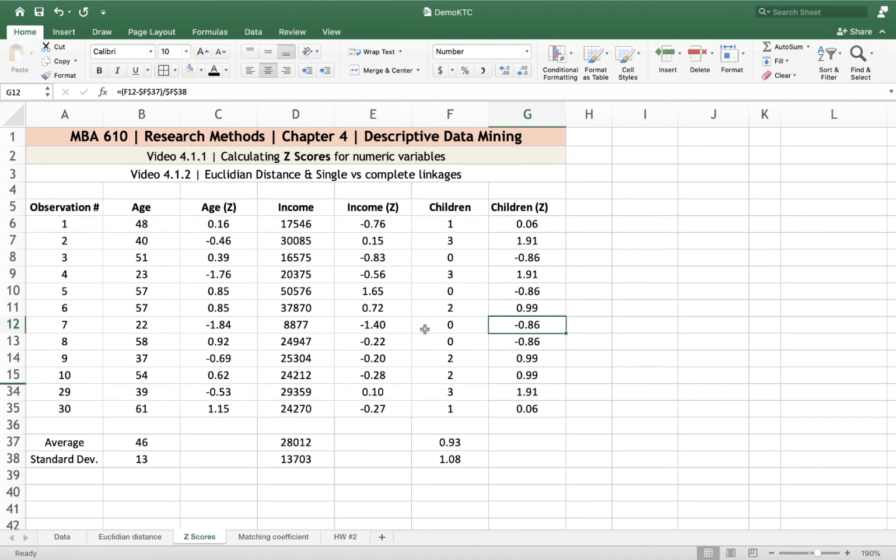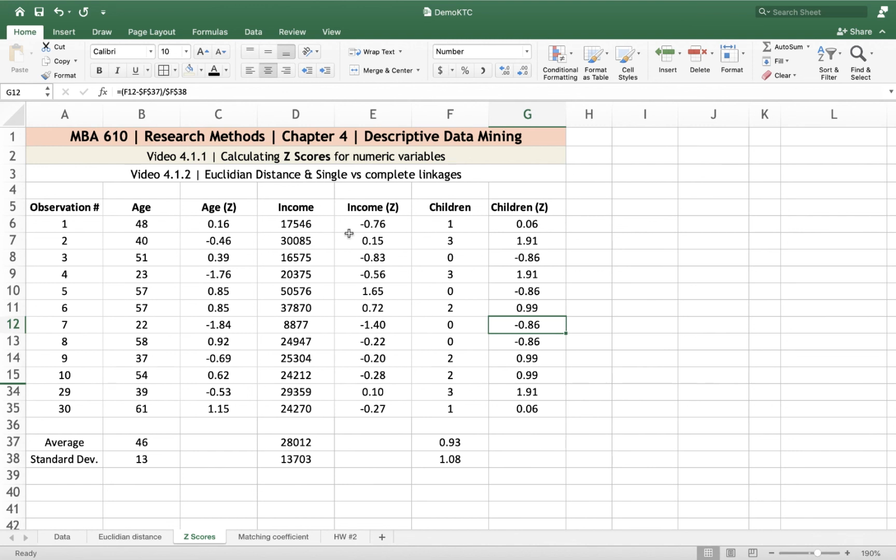And by calculating Euclidean distance between observations based on standardized z-scores, we're able to assess the similarities between 2 observations in a way that's not distorted by large values for things like income that will outweigh the impact of large differences, perhaps, in things like number of children.